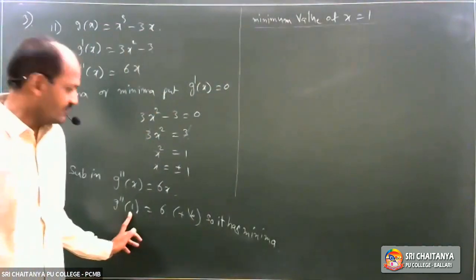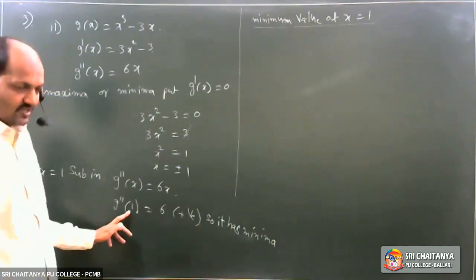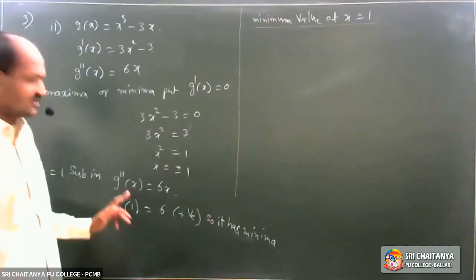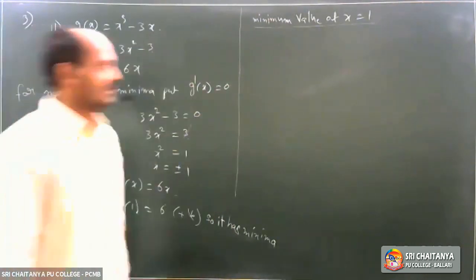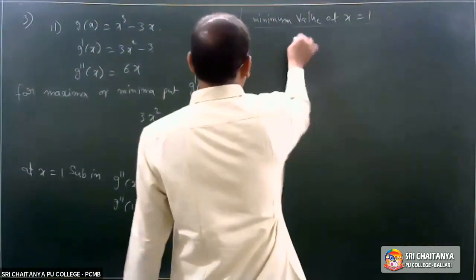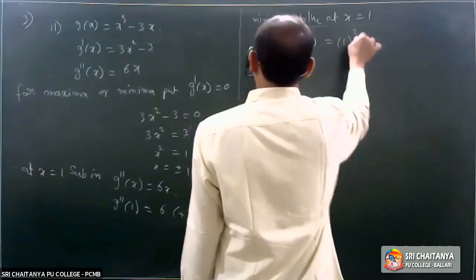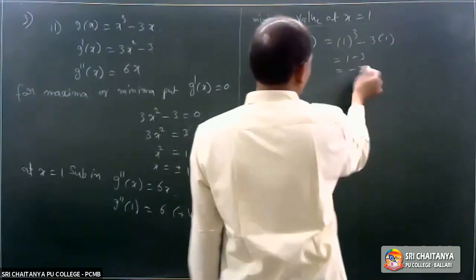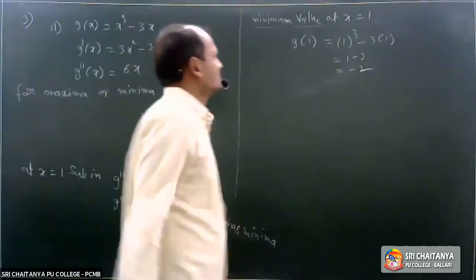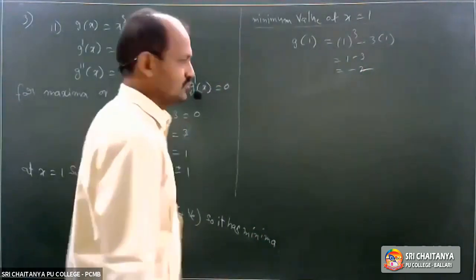Substitute x equal to 1 in the given function. So g of 1 is equal to 1 power 3 minus 3 into 1. 1 minus 3 is minus 2. So the minimum value at x equal to 1 is minus 2.